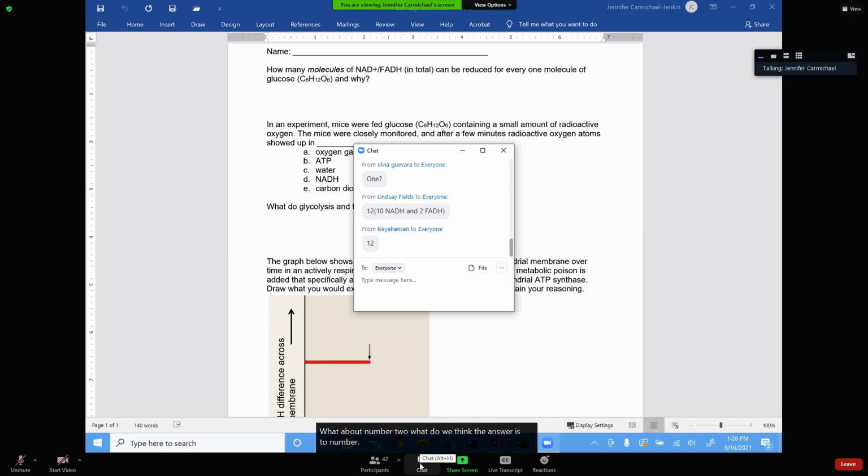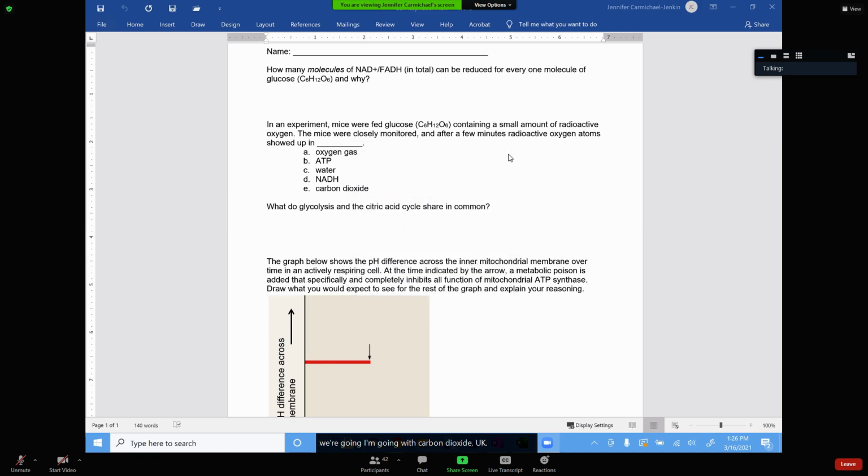What about number 2? What do we think the answer is to number 2? Can it be two things? No. Well, then I'm going with carbon dioxide. Okay. What is the oxygen used for in cellular respiration?